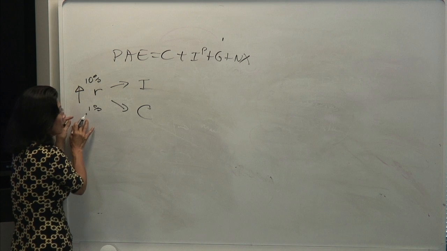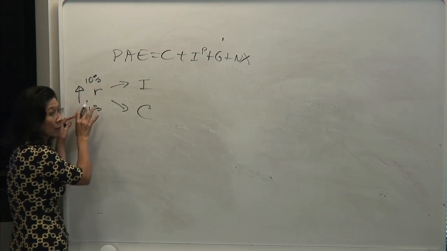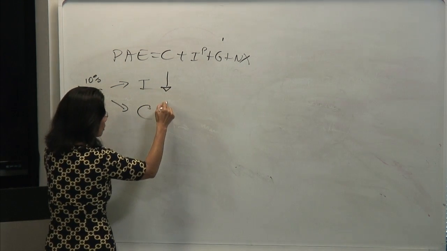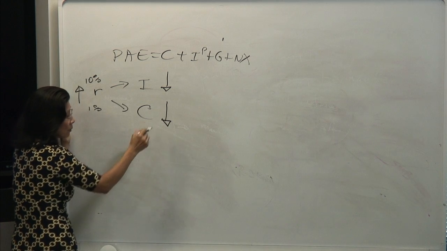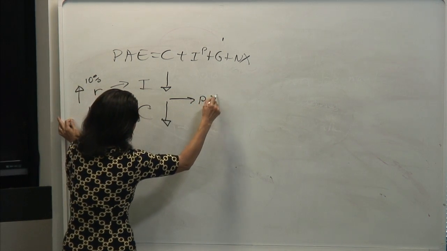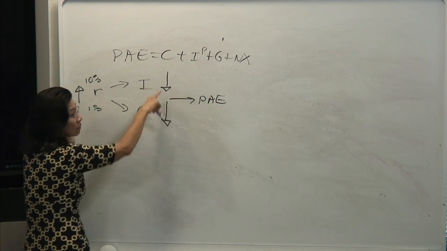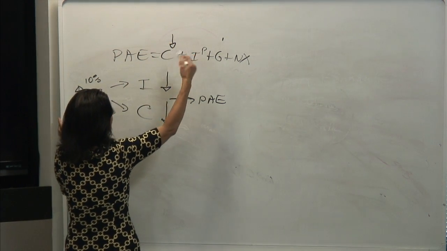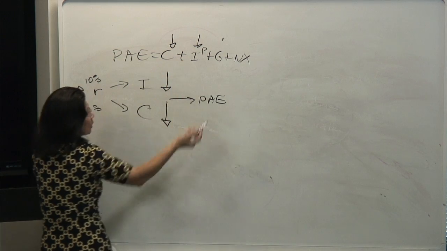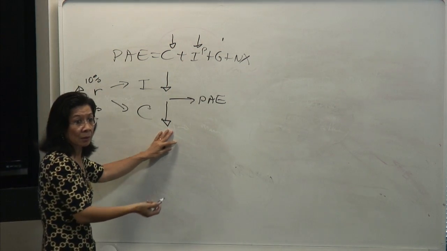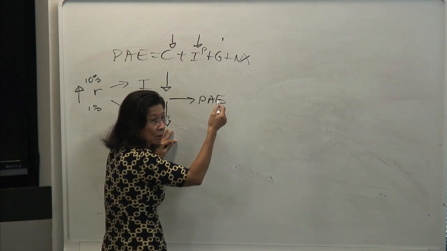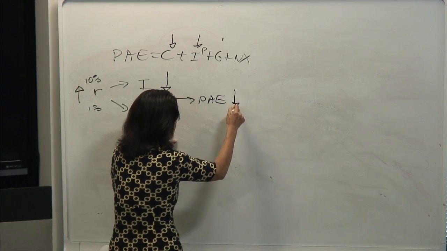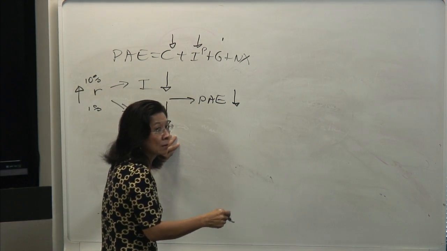If you do that, you would have less to invest and less to consume. How will that affect your PAE, up or down? According to this, if C comes down and I comes down, all things being equal, your PAE should go up or down? Down. Yes.